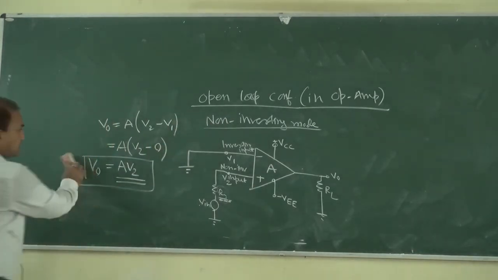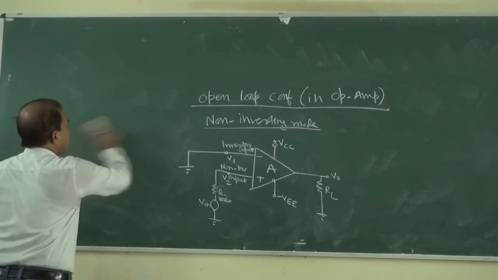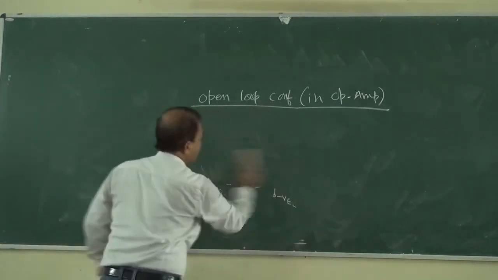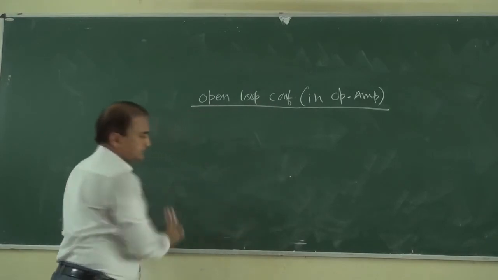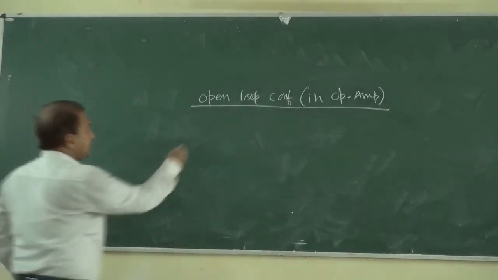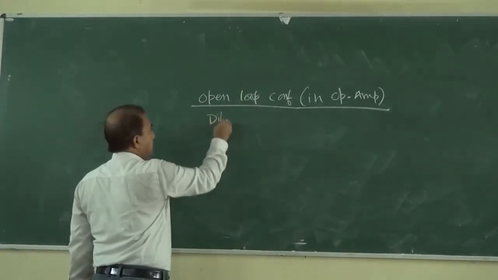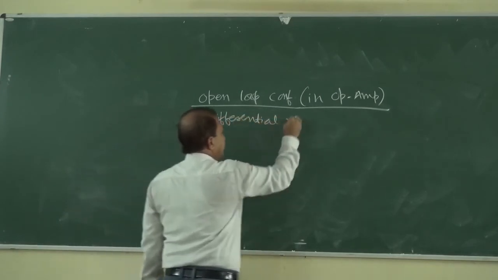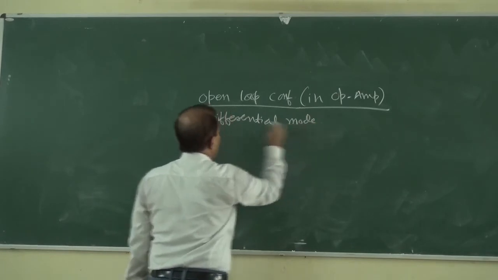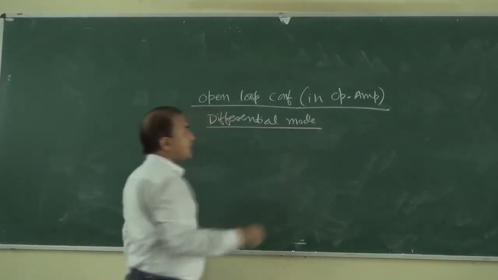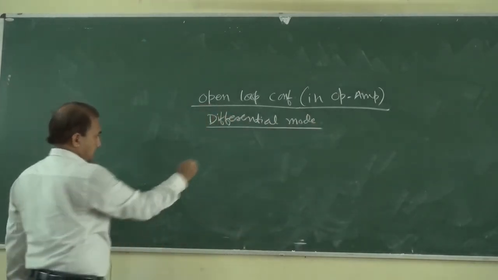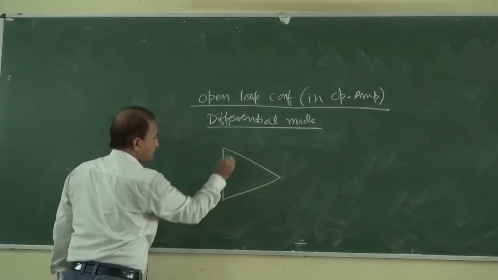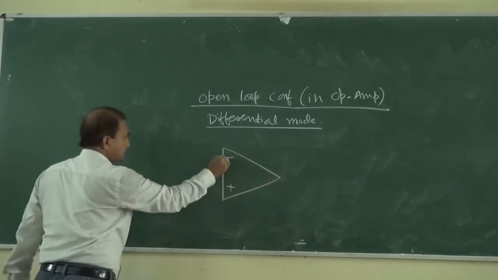Then we will see the third one. Third is differential mode, open loop operational amplifier. So in this configuration or in this mode, the circuit will look like this.